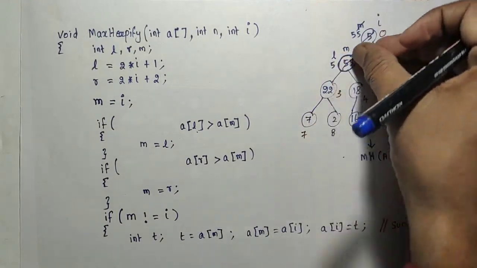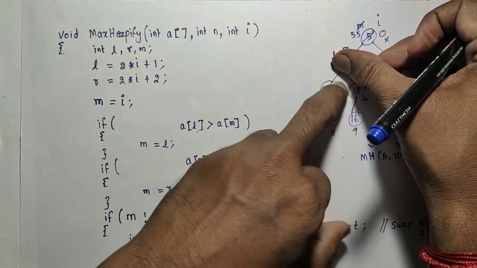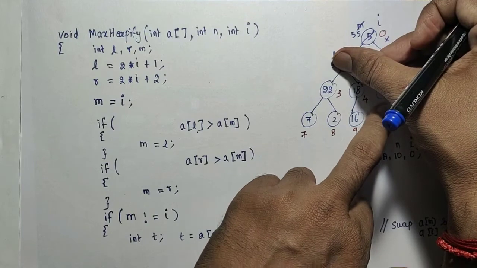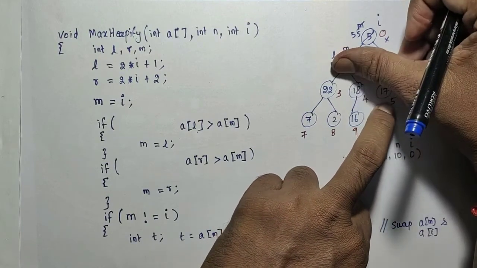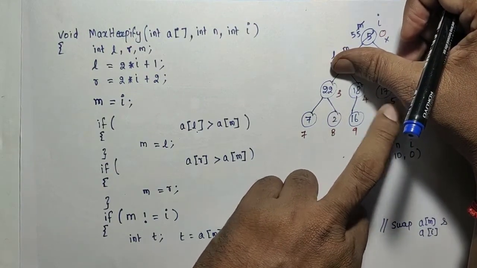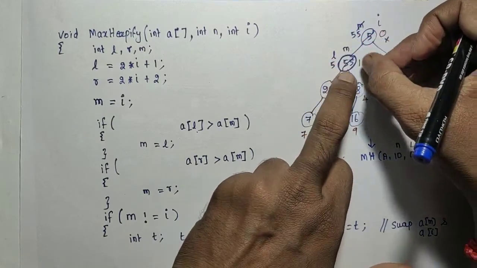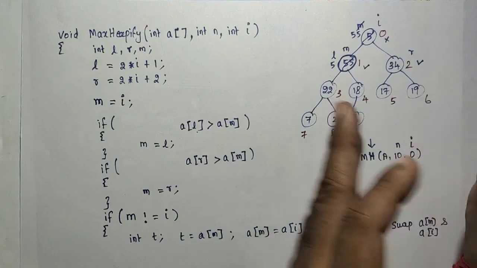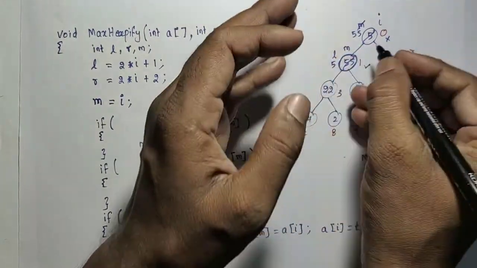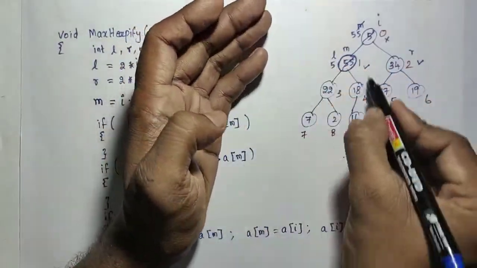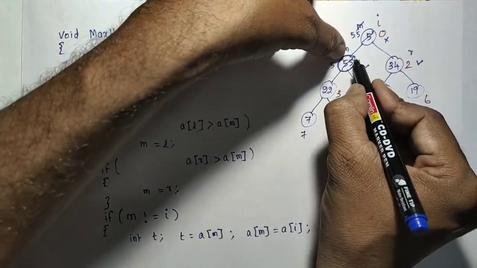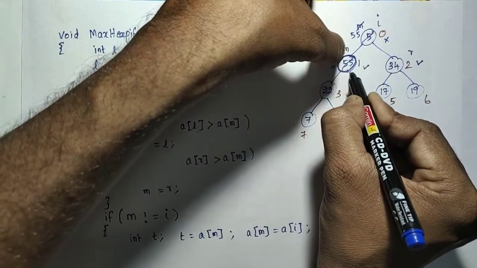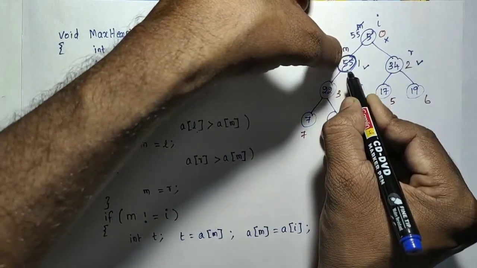Except that root, the left and right of that left subtree must already be heaps, because we have not changed them. The root may not be a heap. So this node may not be in heap, while the left and right of the left will be in heap.